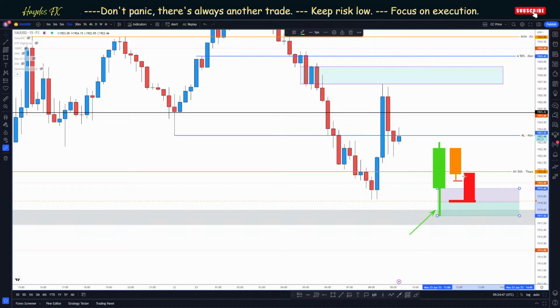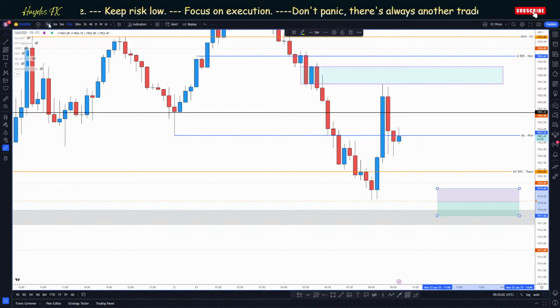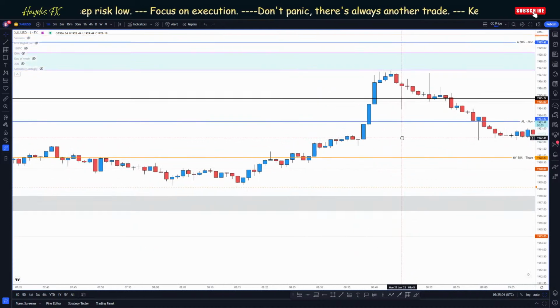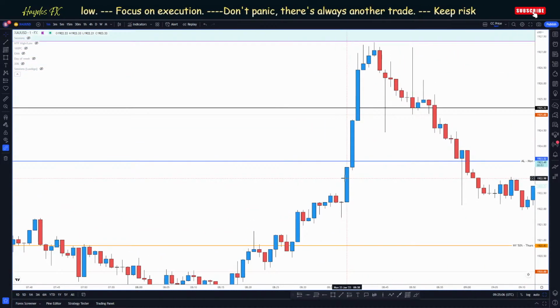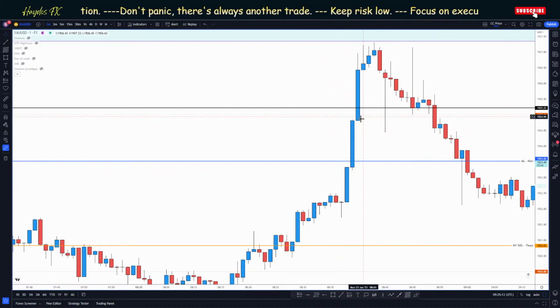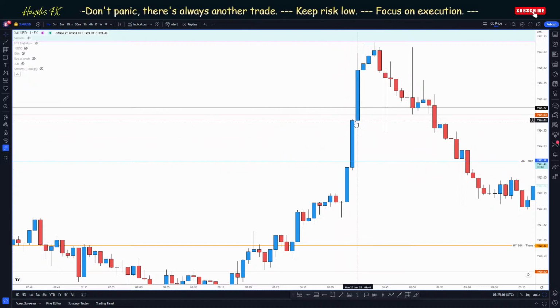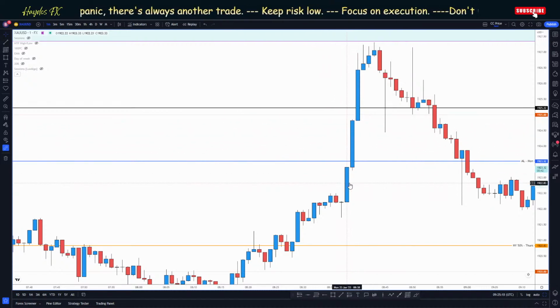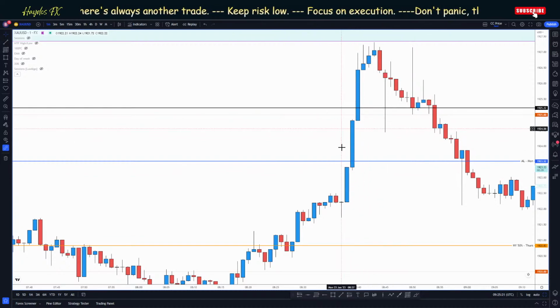This could happen on any time frame, but I don't like seeing big 1 minute candles like this, because to me that's not normal. Something's going on in the background, and I don't know what that is. So it makes me a little bit nervous to trade anything when I see big 1 minute candles.